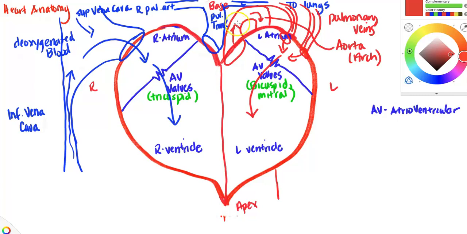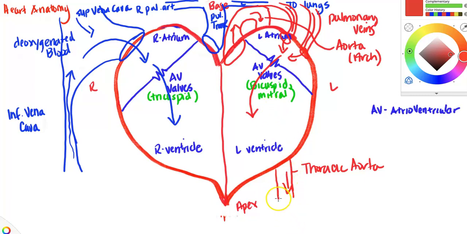It comes around and down back behind the heart, and then goes down to go to the body. So this would be the thoracic aorta. So the arch of the aorta, here's the ascending, and then the descending aorta.